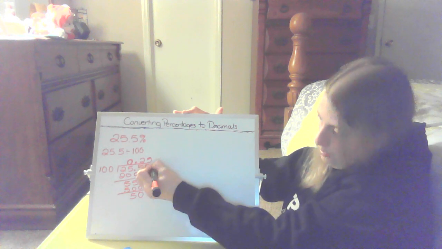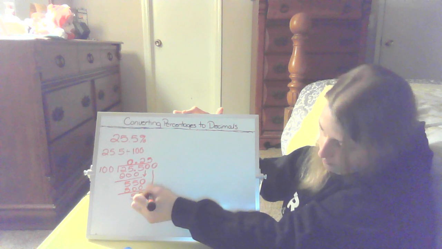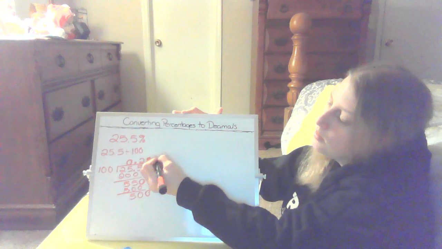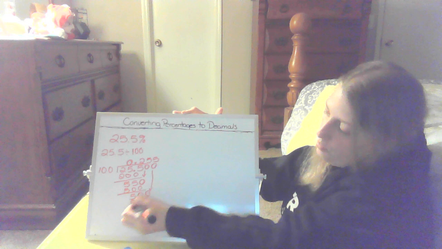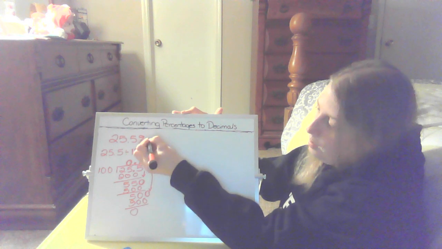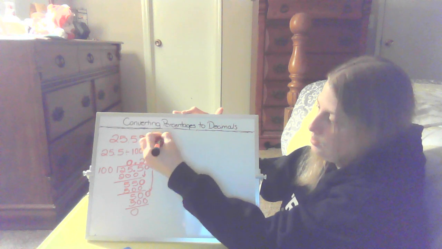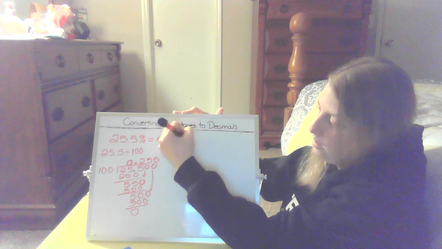And then we're going to put another 0 here, drop it all the way down, and give us 500. And we know that 100 can go into 500 5 times. So 500 minus 500 is 0. No more division necessary. So we know that 25.5% as a decimal would look like 0.255.